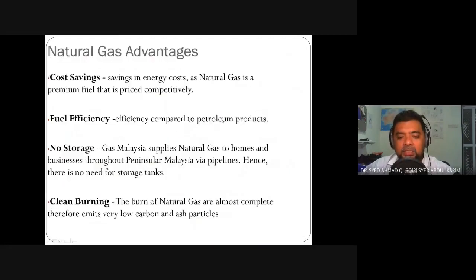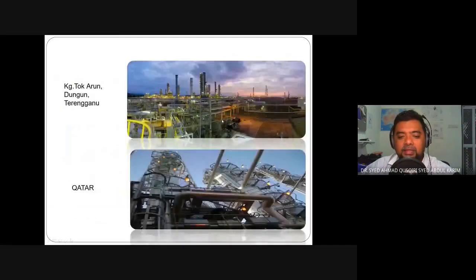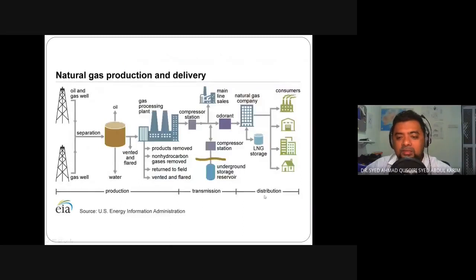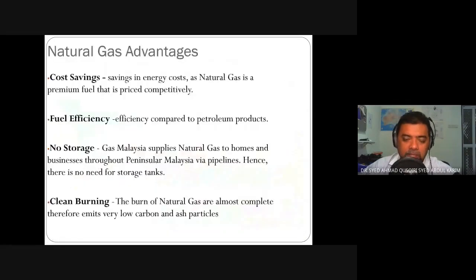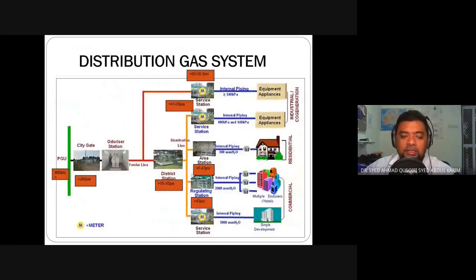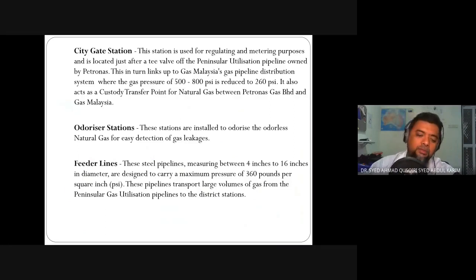Gas Malaysia here acts as the distribution company for natural gas resource in Malaysia. So they are the distributor. Petronas is the supplier, but Petronas also supplies to their own facilities.